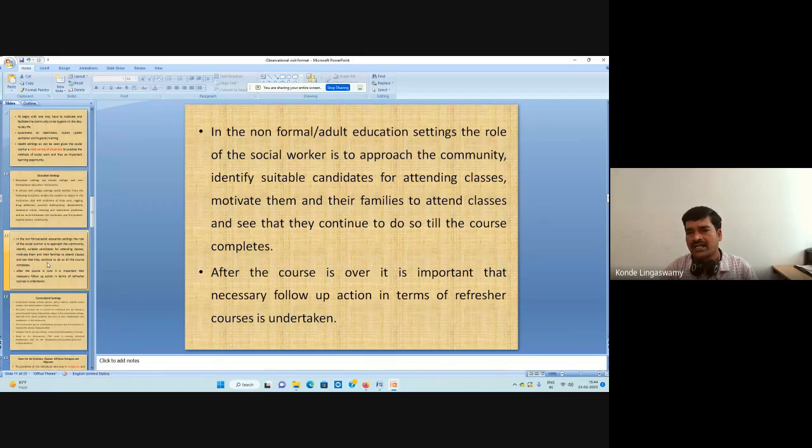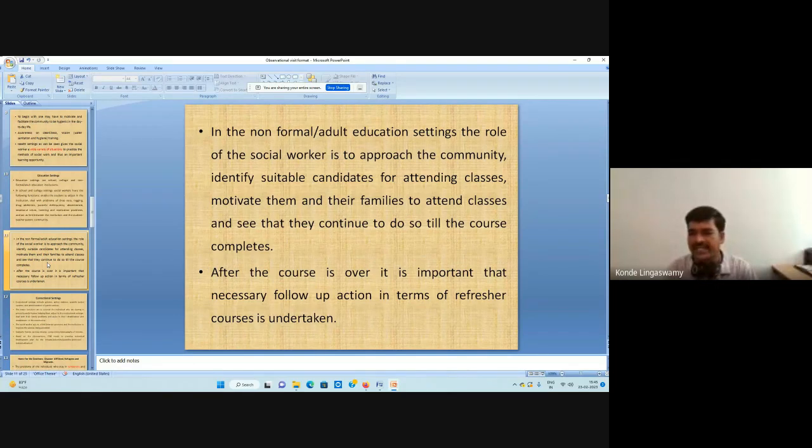In the non-formal or adult education settings, the role of the social worker is to approach the community, identify suitable candidates for attending classes, motivate them and their families to attend the classes regularly, and see that they continue to do so till the course completes.